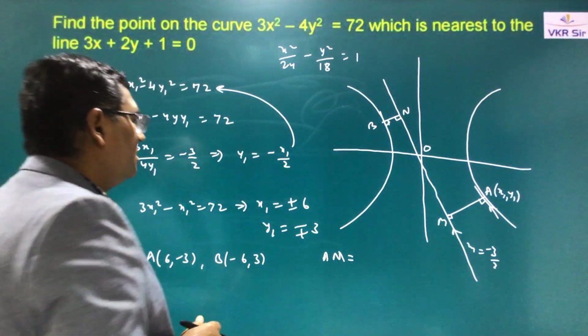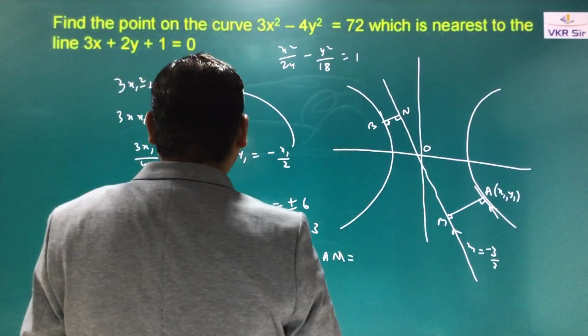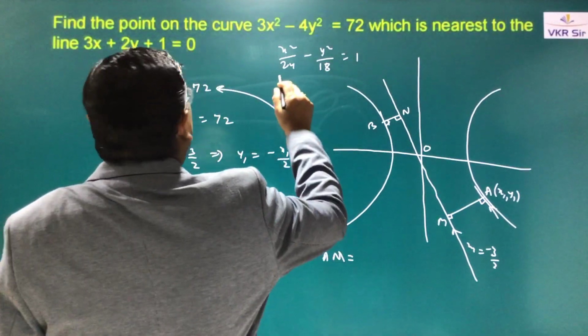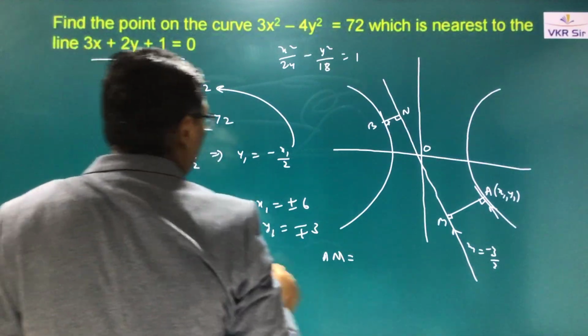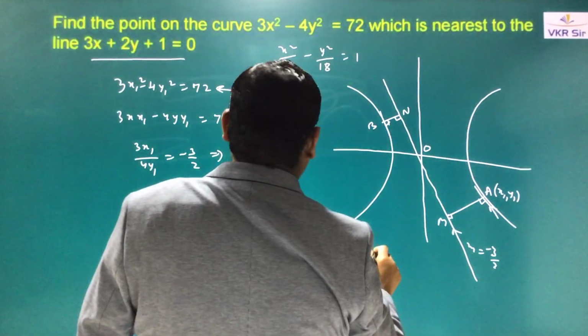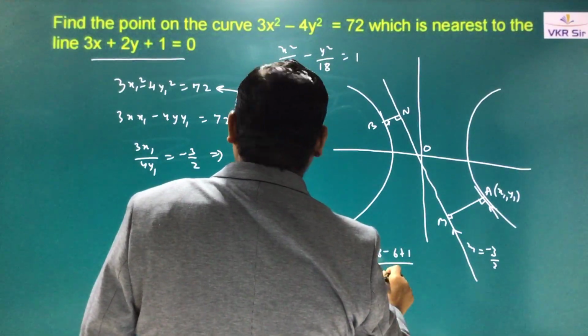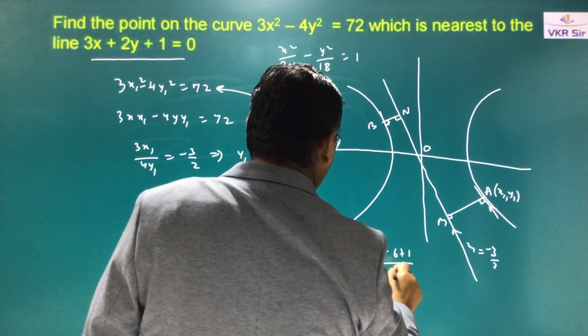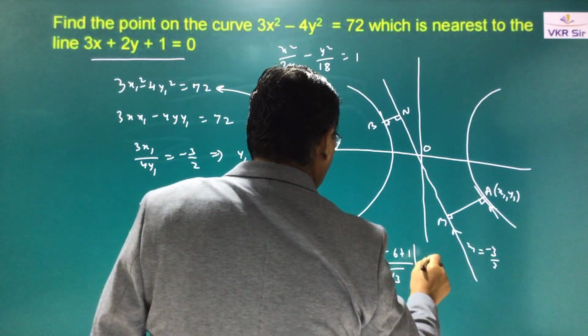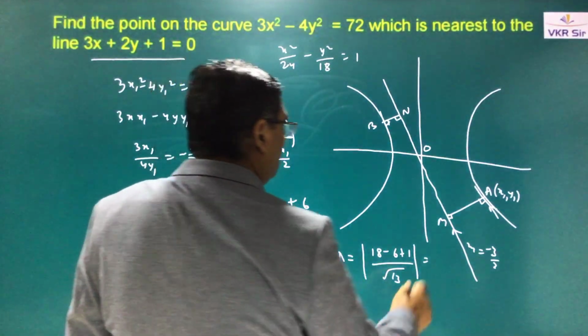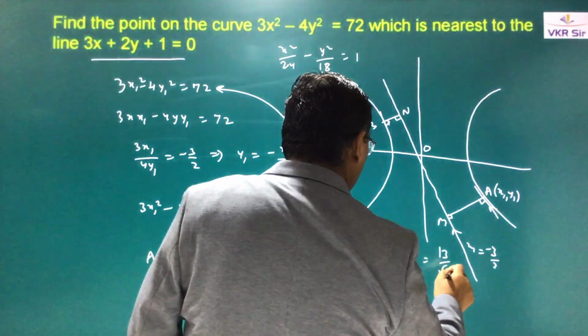So how much is the distance of A from this line, 6 comma minus 3, to this line? So put 6 comma minus 3 there. So it is 18 minus 6 plus 1 upon root of 13. So this is equal to how much? 13 by root 13. All right.